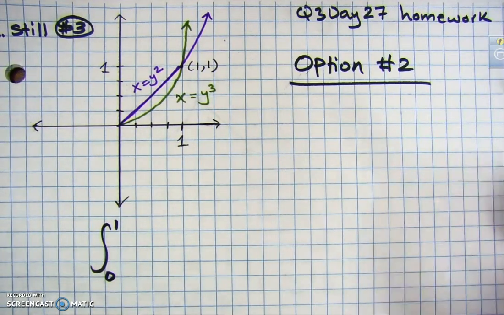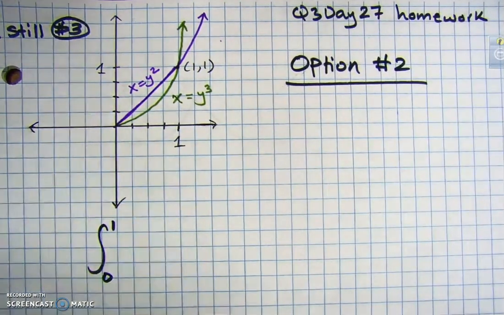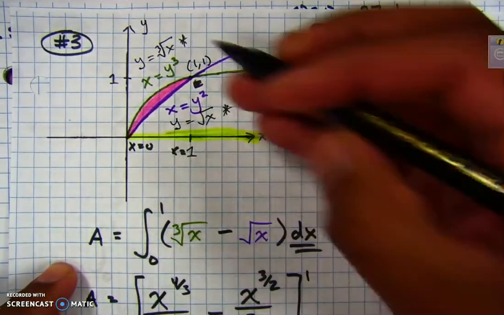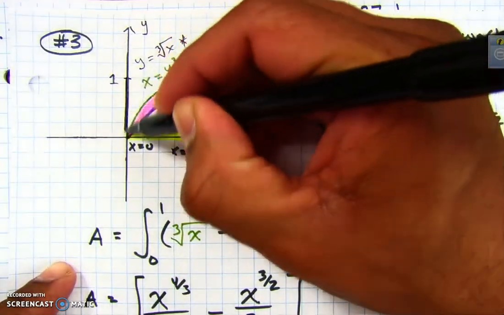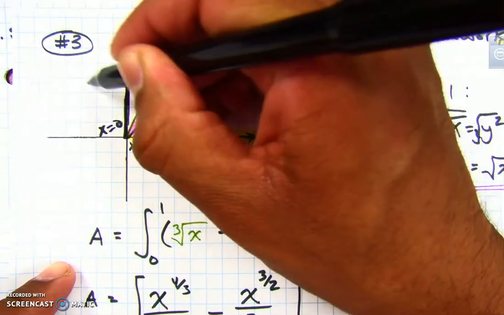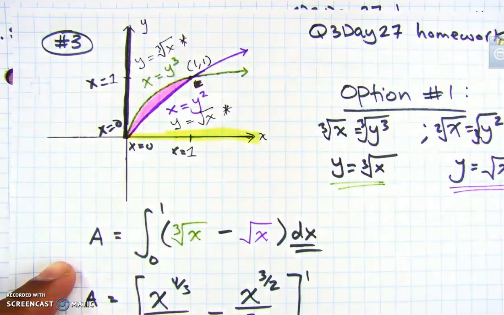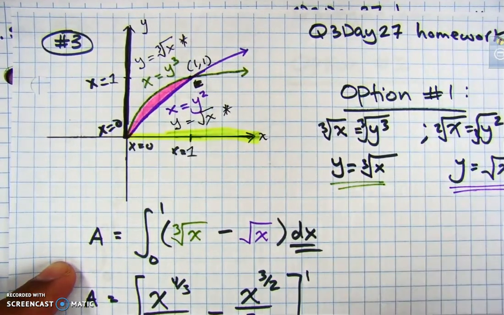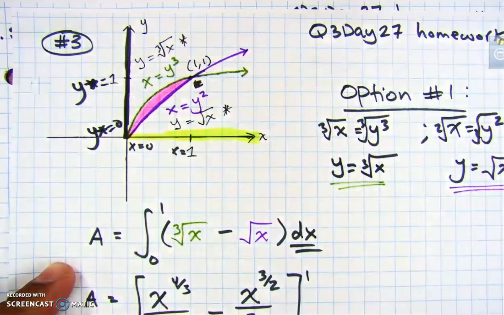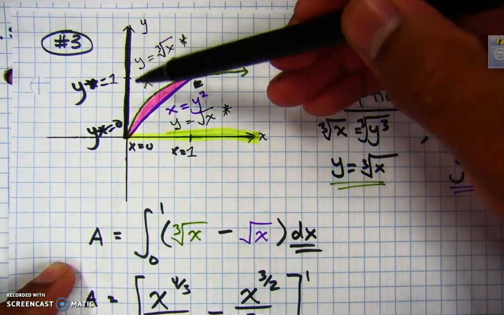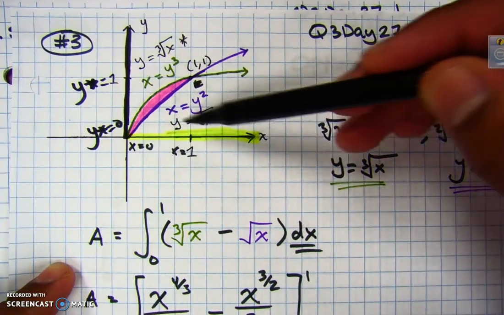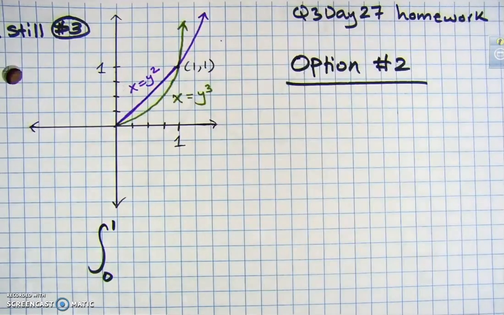But if you notice, whether we're on the x or on the y, we still start from x equals 0 to x equals 1. It just happens to be a coincidence for this problem. I mean, these aren't x, these are y's. We go from y equals 0 to y equals 1. It just happens to be a coincidence that they are the same limits as in x.